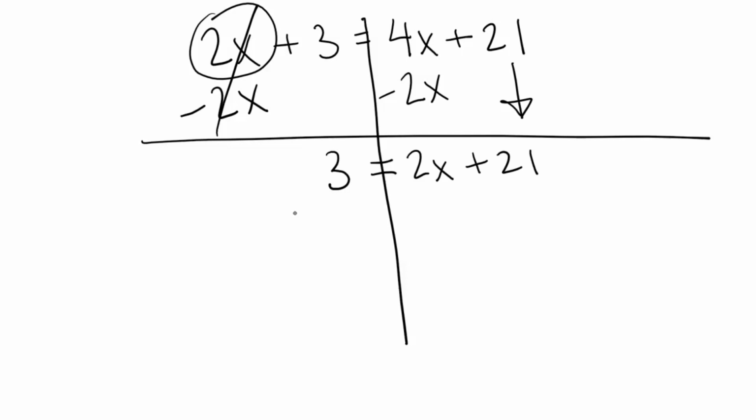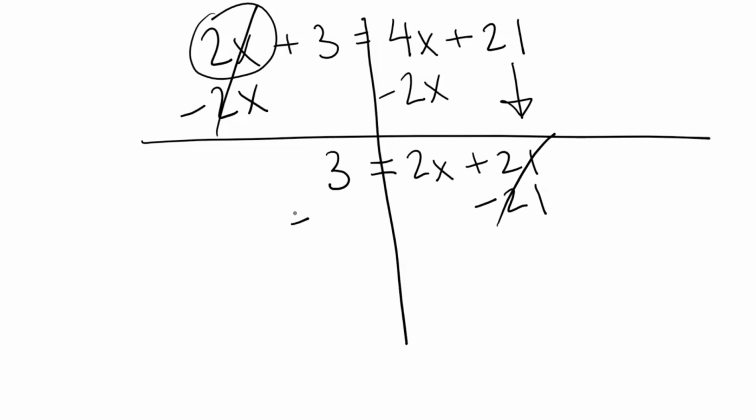So now I have the x on the right side. So I'm just going to keep the x there. And I'll just try to move all the other numbers over to the left side. So let's start with this plus 21. So to cancel that out, we just do the opposite. So we're going to minus 21. So those will cancel to 0.